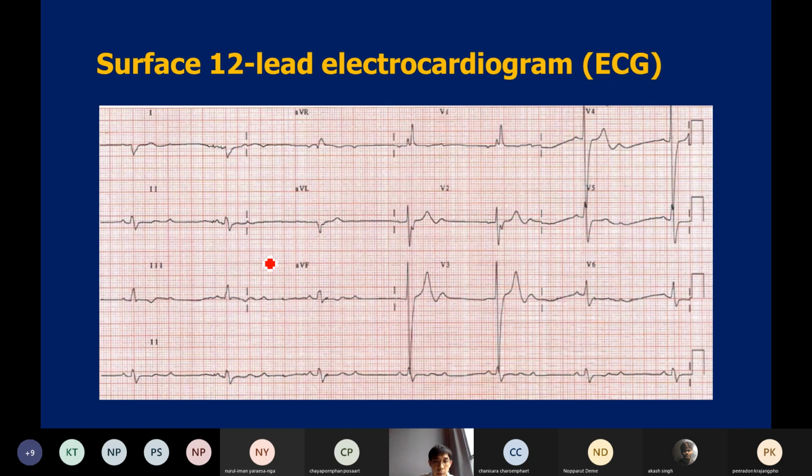In this patient, can you read this ECG for me? What is abnormal in this patient? Type 2 second degree AV block. Okay, and why is it an AV block, can you tell me?